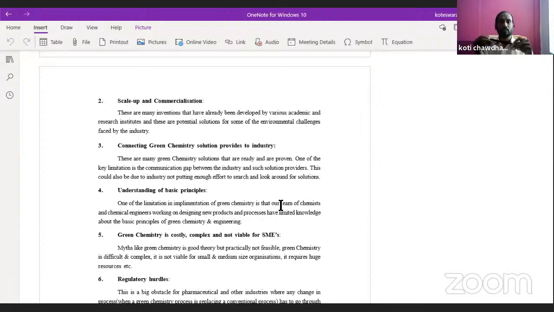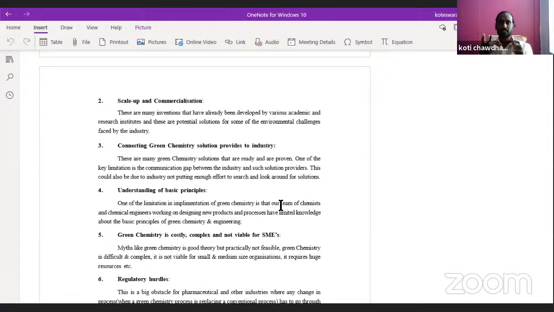And the third one is connecting green chemistry solutions to industry. The same thing is here. There are many green chemistry solutions available and also proven. One of the key limitations is a lack of relation between the academic and research groups and industry. There is this relation gap.